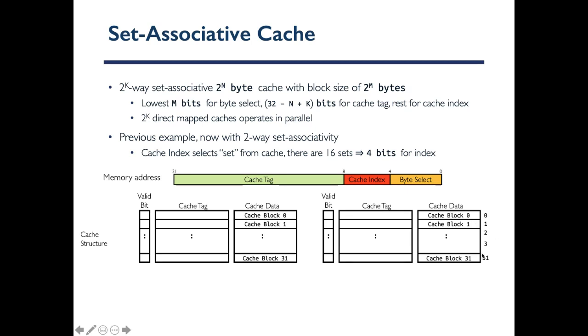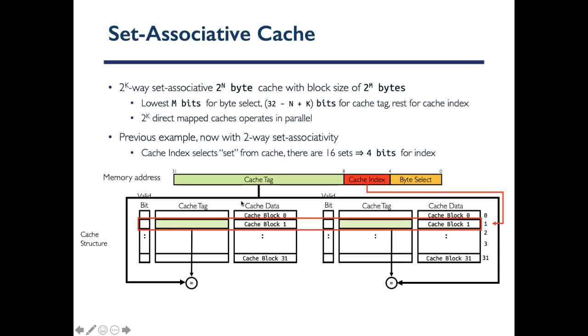So now I have 2 of those tables, the same as direct map. Now the first thing I do, I use the cache index to index into both of the tables. Then I check my cache tag with both of them to see if I can find a match. It could be either here or here. I have now 2 options for each memory because each set has 2 blocks. So I have to check both of them.